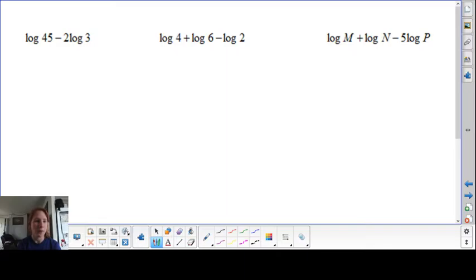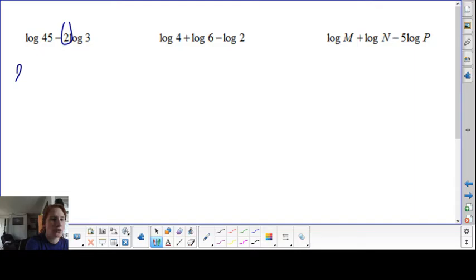So therefore, that's my final answer. All right, let's go backwards. Let's take something that's expanded and simplify it. Well, first things first, I see I have a coefficient out front of 2. And a 2 in my coefficients, well, it turns into an exponent. So if an exponent turns into a coefficient, doesn't it logically have to go back and turn into an exponent?